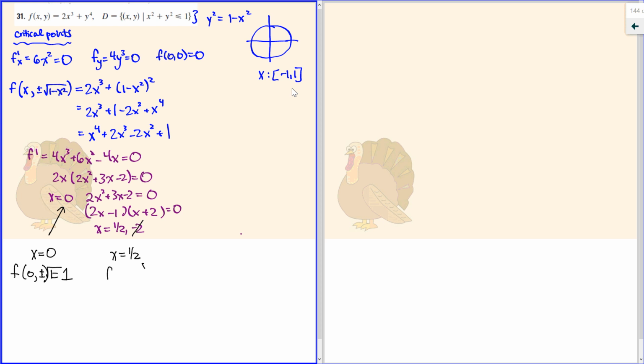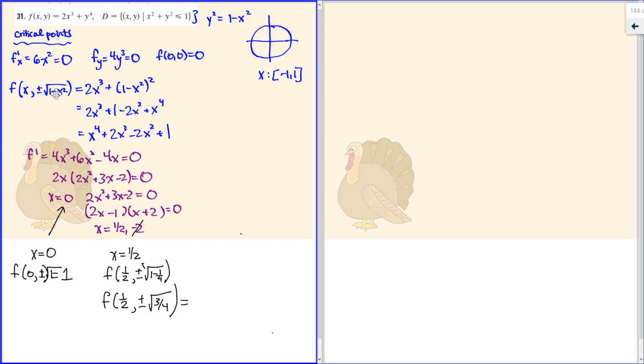And then if we do f of 1/2, comma, plus or minus the square root of 1 minus 1/4, just plugging that in up here. I'm looking at f of 1/2 and plus or minus the square root of 3/4.